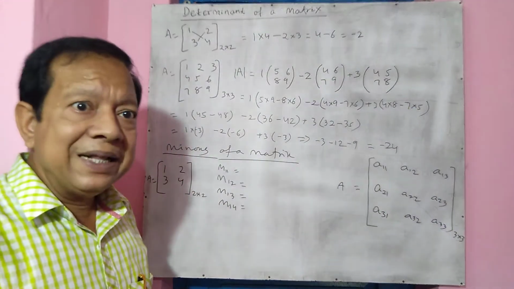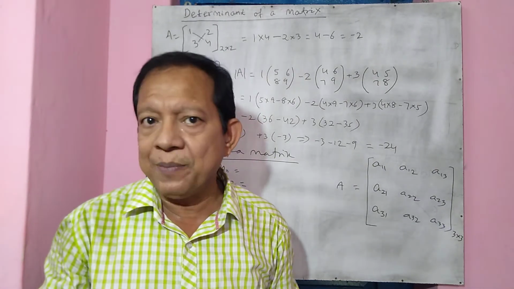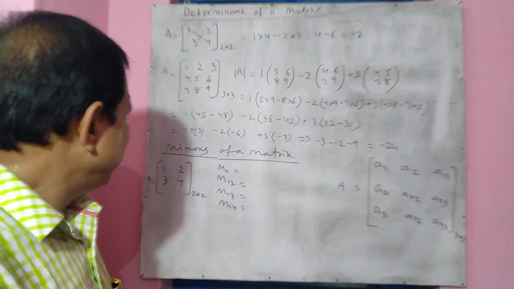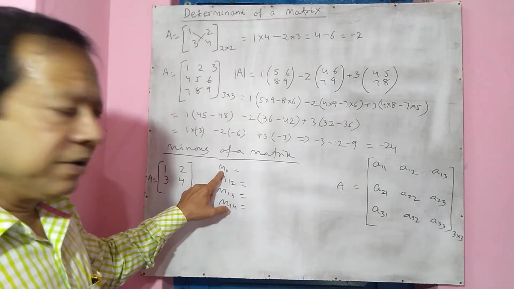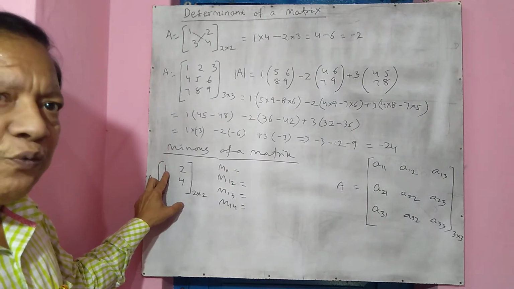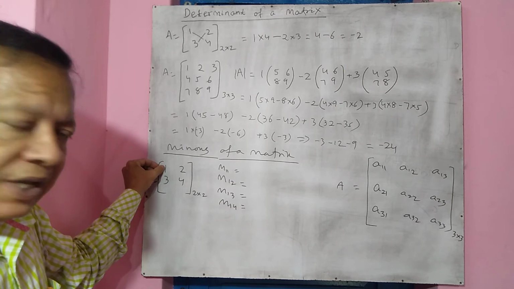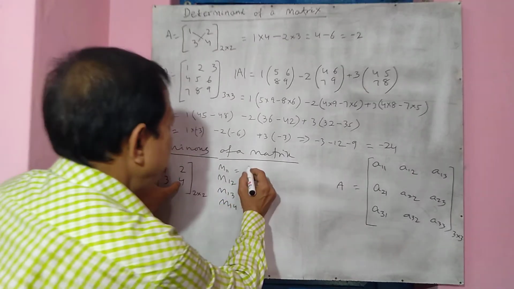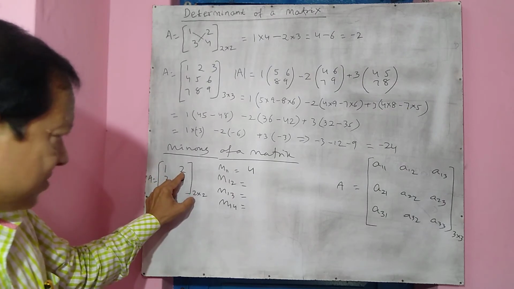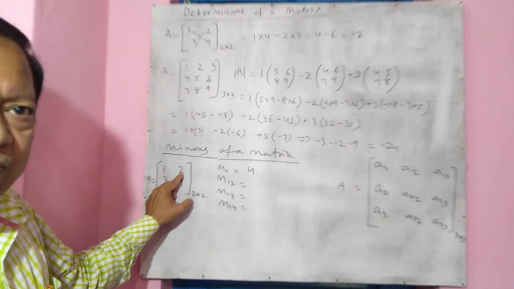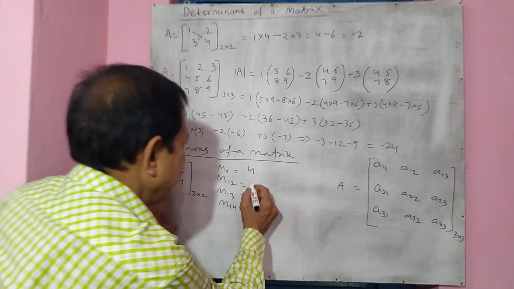Now in this case it is very easy to find out the minor because this is a second order matrix. You see, in this particular matrix, minor M11 means this one, first row first column. Here the element is 1, its minor will be 4. Next M12, first row second column, its minor will be the opposite, which is 3.